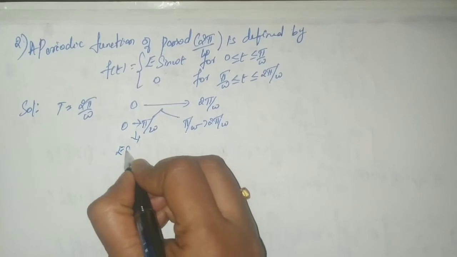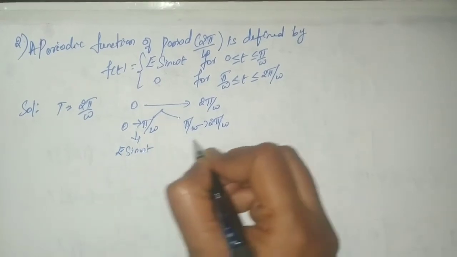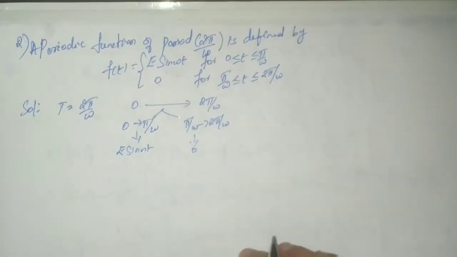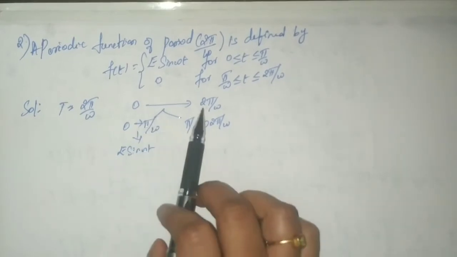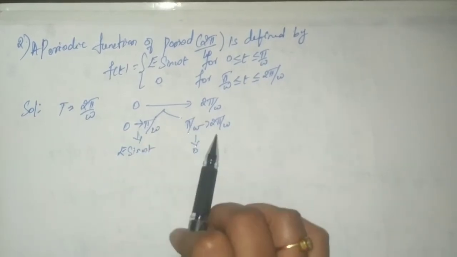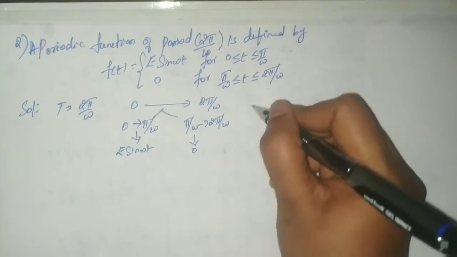In the first part the function is E sine omega t, and in the second the function is 0. So the integral 0 to 2 pi by omega can be subdivided into two types of function.